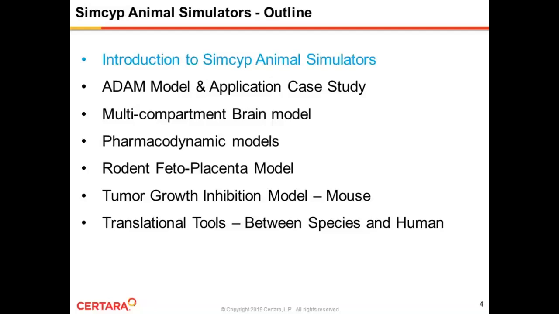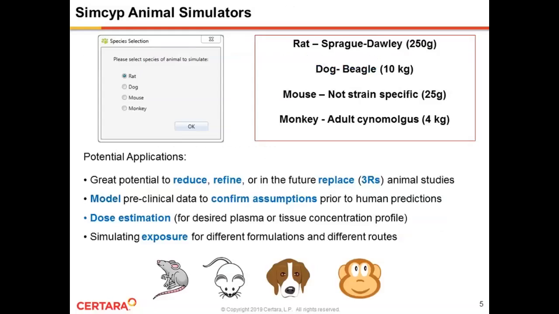So in the first section of the presentation, I will first take you to the brief introduction to the animal simulators. So in the Simcyp simulator package itself, there are basically 4 preclinical PBPK models for the preclinical species, and those are basically the rat, which is based on a 250-gram Sprague Dawley rat.